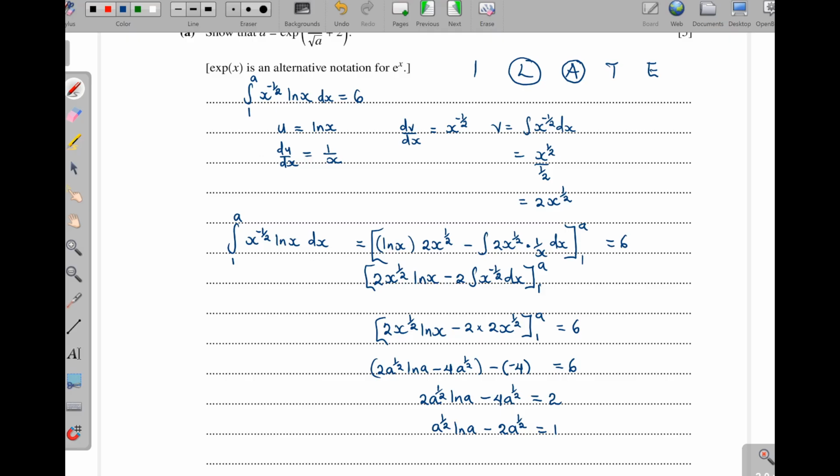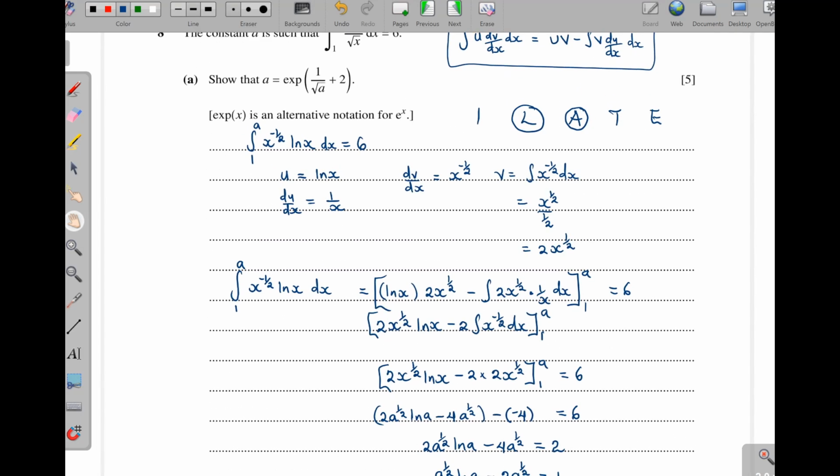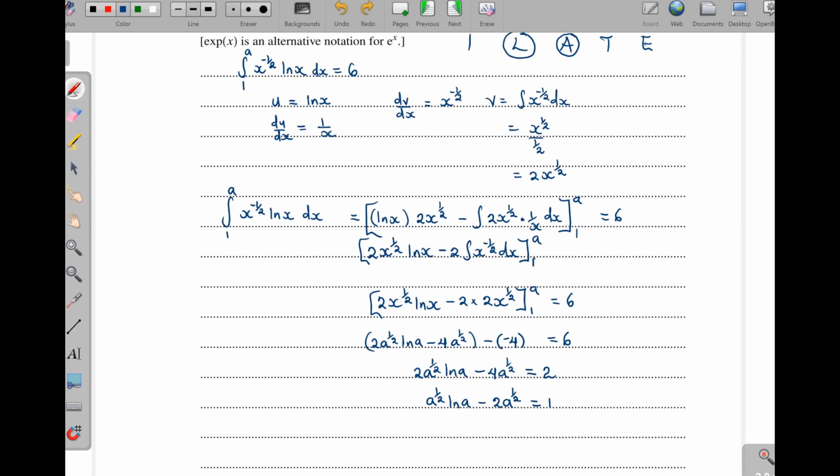Not so? By looking at what we are having here, this is e to the power of something. That means the a in here is the one that is made the subject. Okay? So we shall have natural log of a. This one will be equal to 1. Then take this one this side. You'll get plus 2 a to the power of a half. Then we shall divide all through by a to the power of a half.